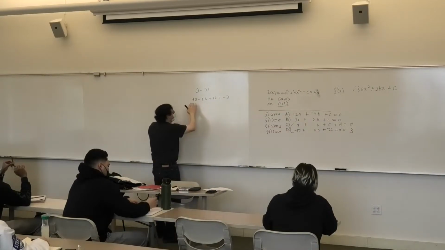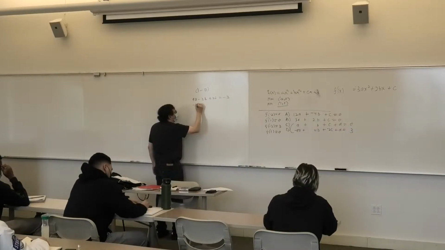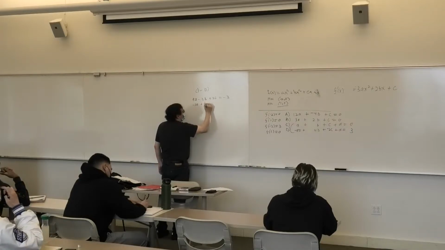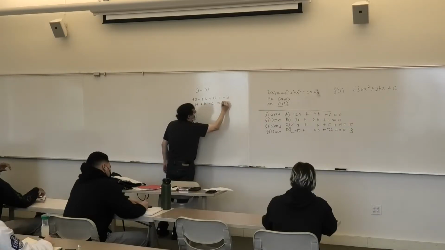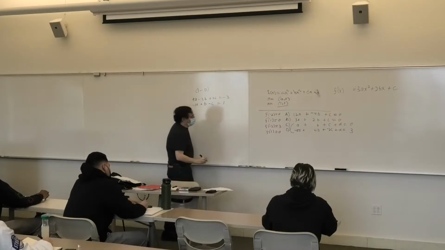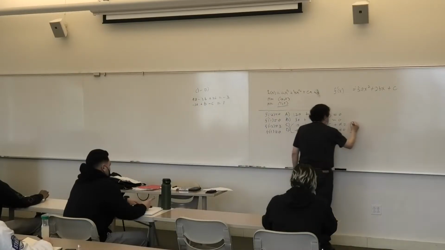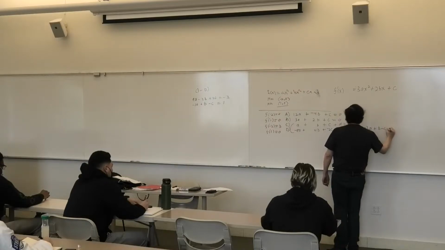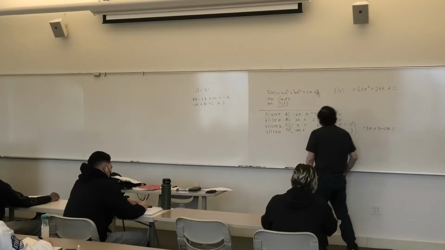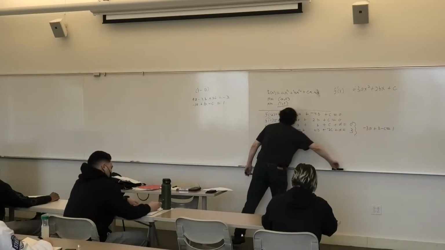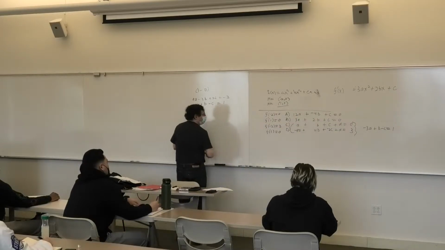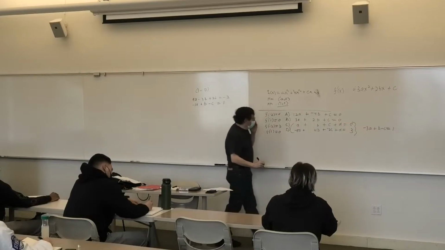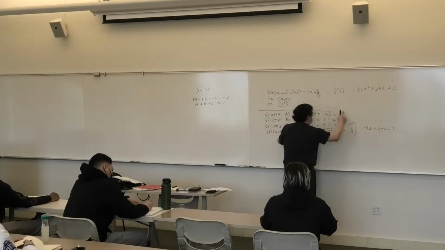And since there's a factor of negative 3 here, I'm going to divide that out. Minus 3A plus B minus C equals 1. So let me write that down here. These combine to negative 3A plus B minus C equals 1. I guess I can move these up. Okay, so now I have these 3 equations to work on.